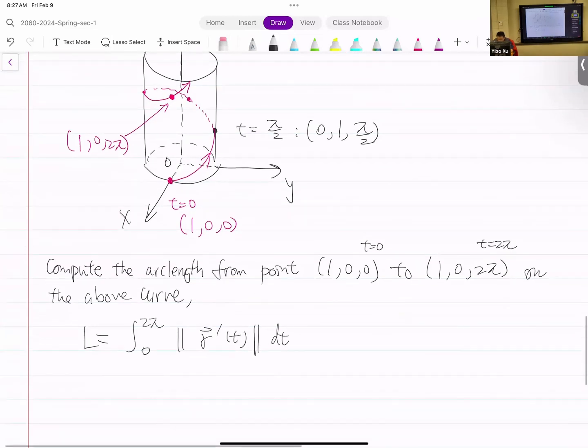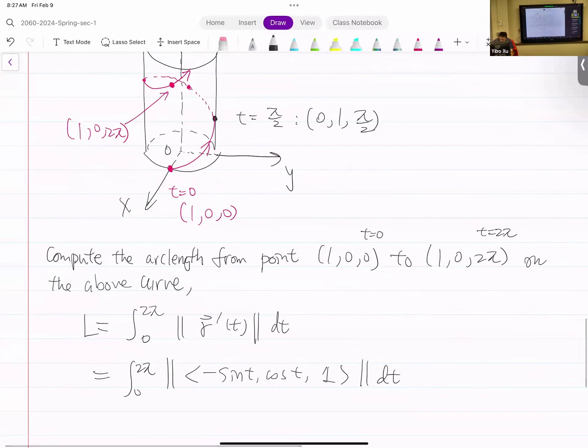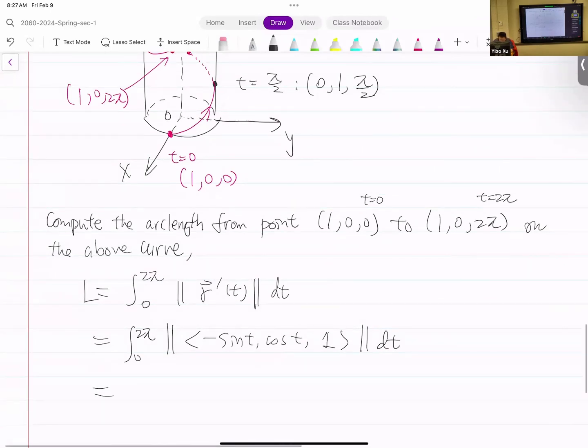Now we just substitute, right? For the magnitude, we take the vector negative sine of t, cosine of t, 1. First we directly substitute, and then we take the magnitude, and put things under the radical.